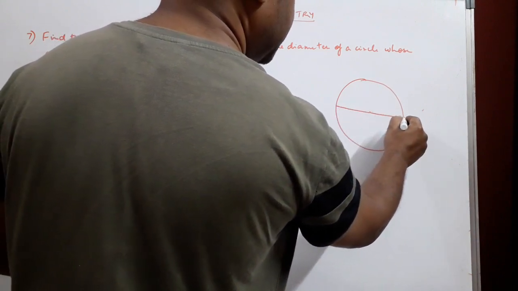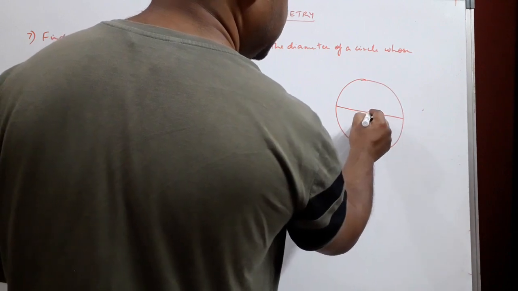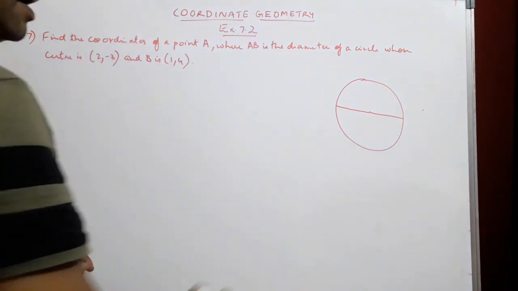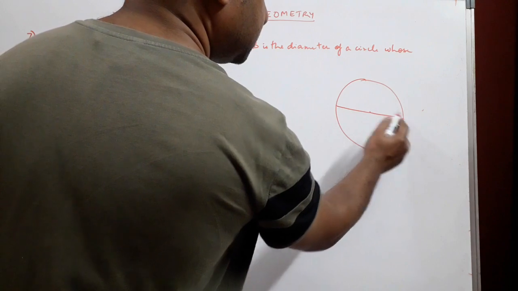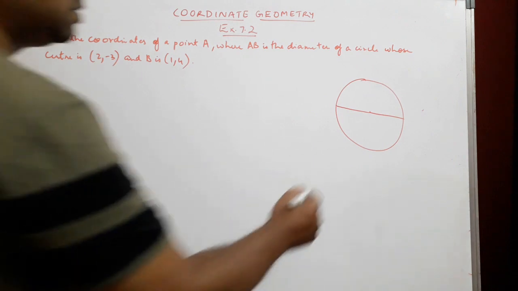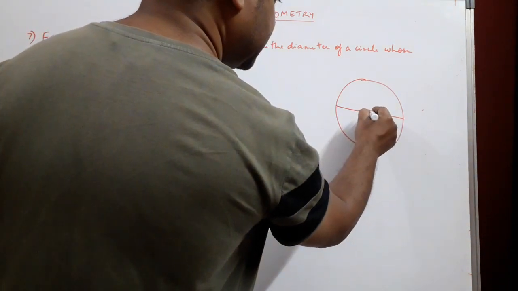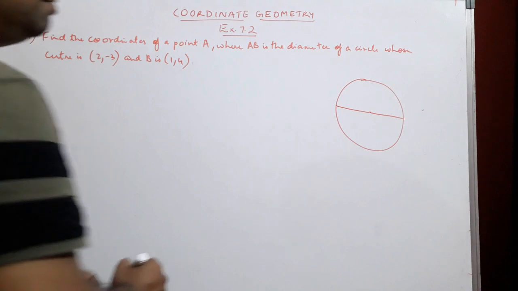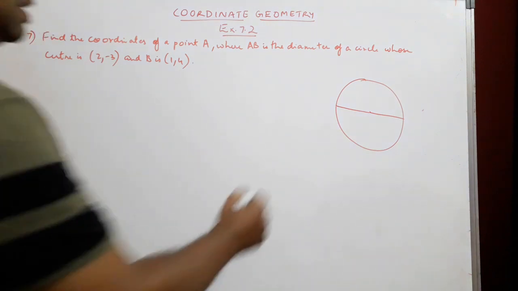It's actually two radii joining each other at the center and meeting the circumference.